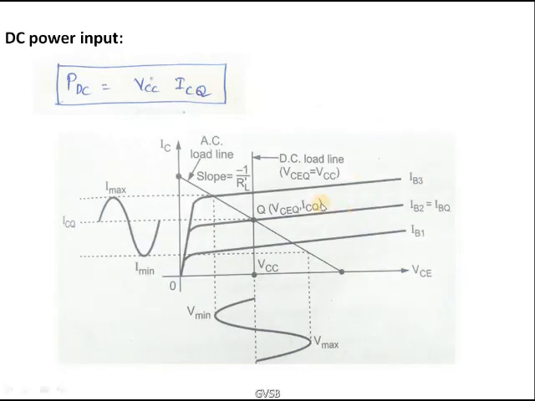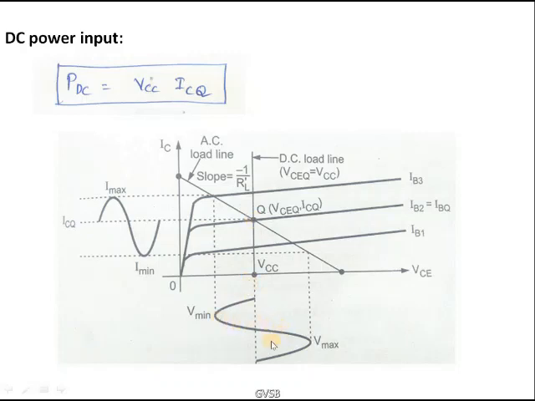In this graph, we can see the AC load line and DC load line, which are drawn on output characteristics of our amplifier. So here the slope of the curve is -1 by RL dash. So the Q point is located exactly at the middle of the DC load line.